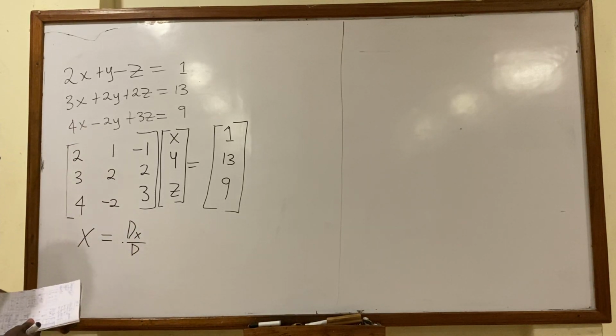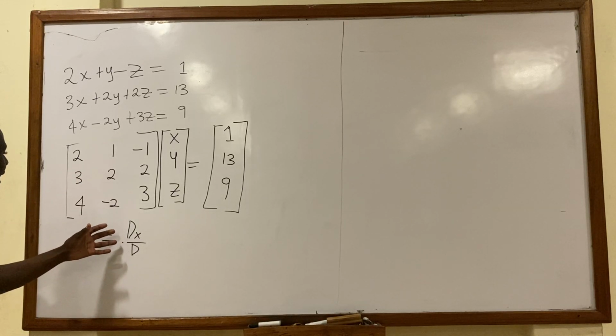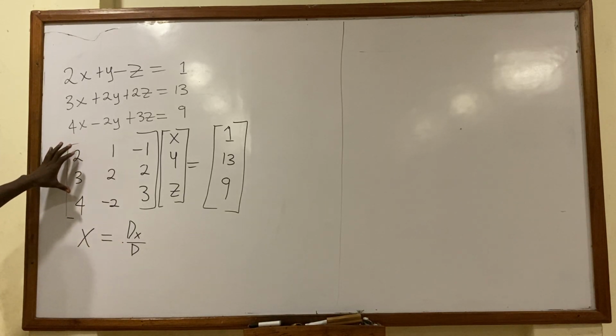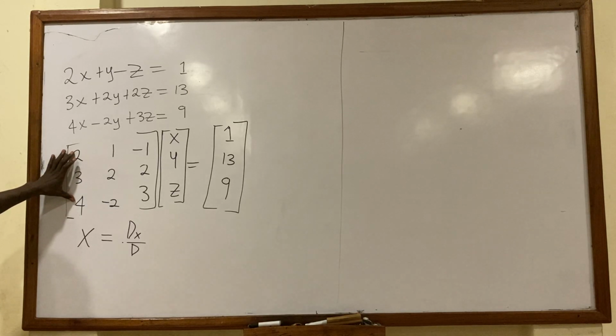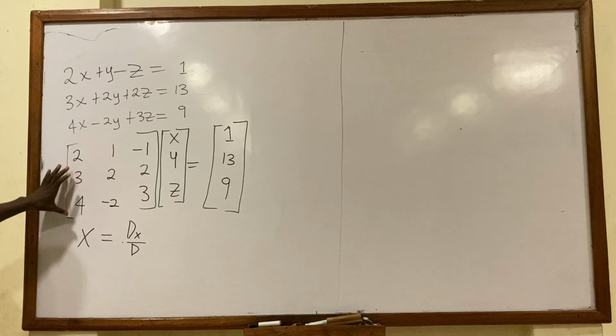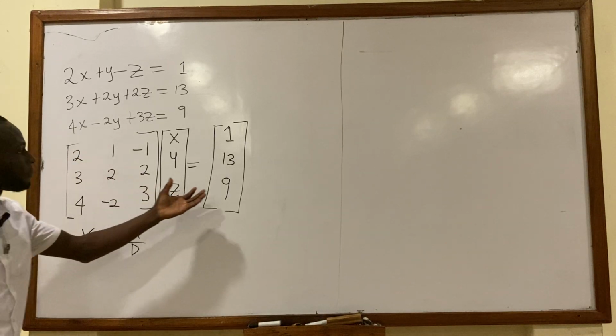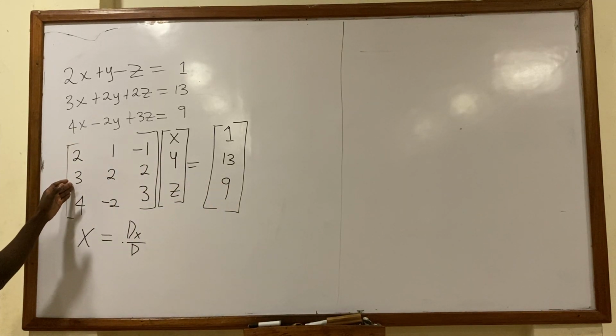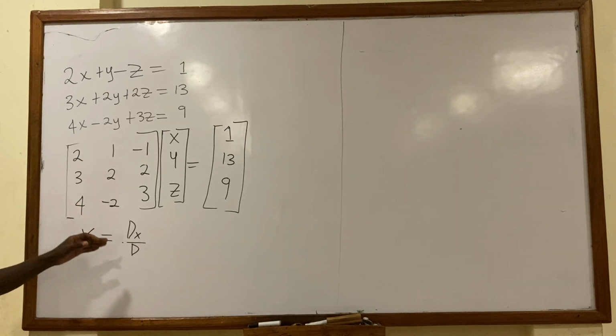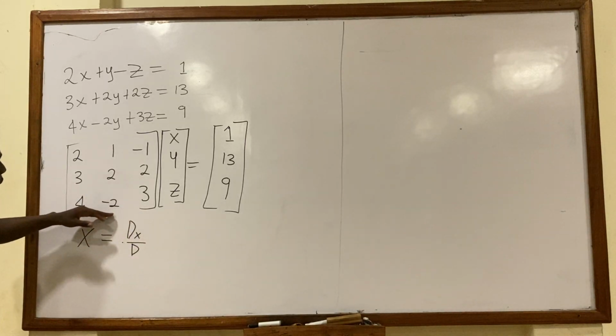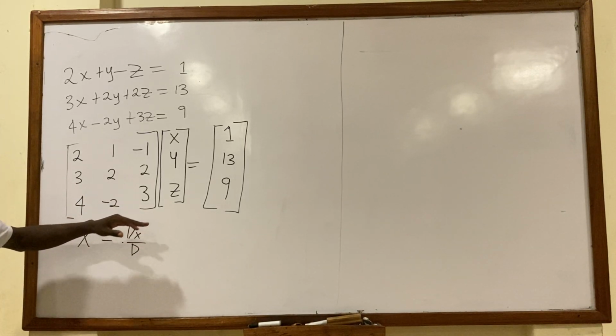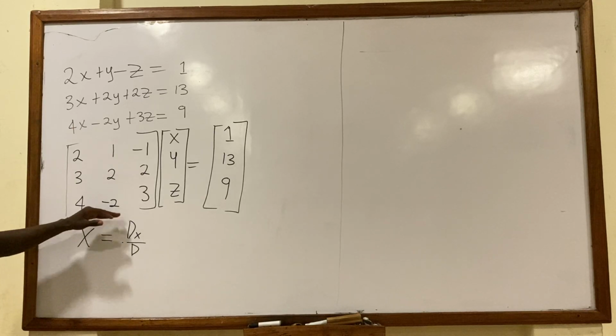When you want to find the dx, we simply take off the coefficients of the x, and then we replace them with the constants. And then the d is the determinant of this 3 by 3 matrix.